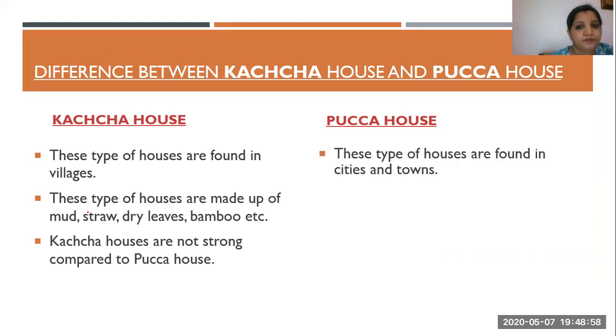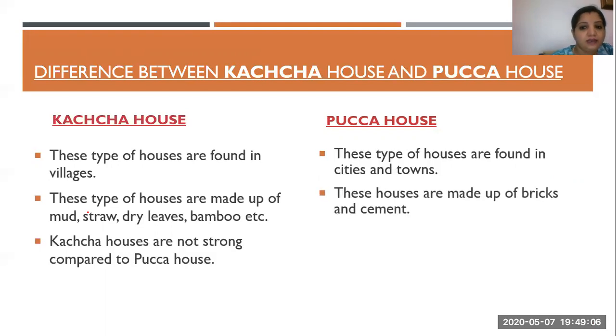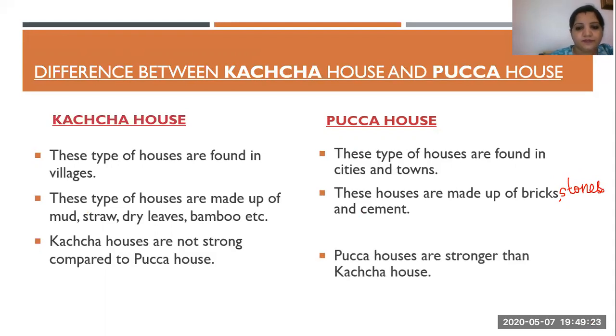Yes, children? Then let's see about pakka house. Pakka house means these types of houses are found in cities and towns. And they are made up of bricks and cement. You can even say stones. It's not that always they use bricks, they use stones also. So pakka houses are made up of bricks, stones, or cement. And then pakka houses are stronger compared to kacha house.